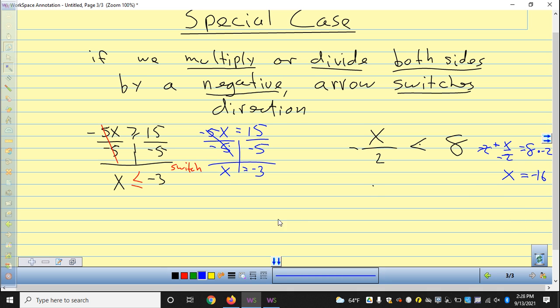I'm going to do the same thing here. I'm going to multiply by -2. These go away. Negative times a negative is a positive. And I get x, but I need to switch because I multiplied by a negative.